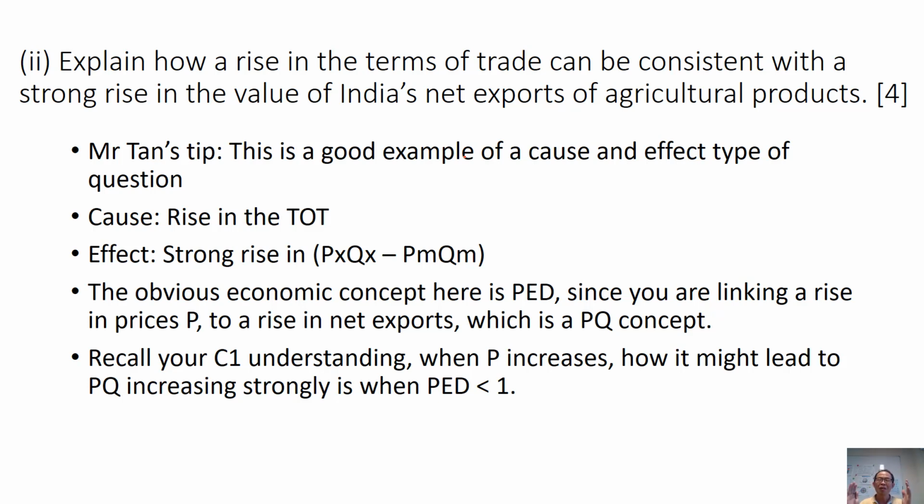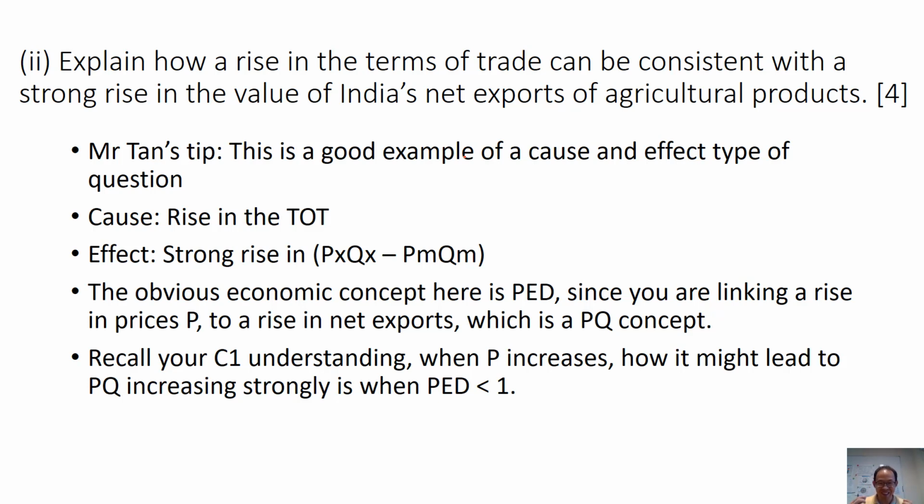Now, by the law of demand, if the price of exports is higher, you would think that the quantity demanded of exports should be lower. So, without using PED, you don't really know how the total export revenue will change.